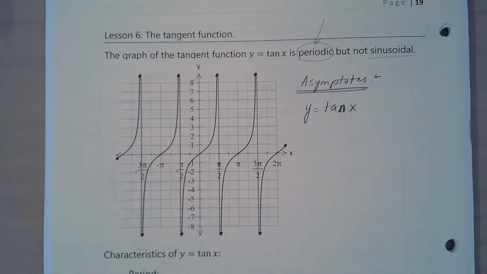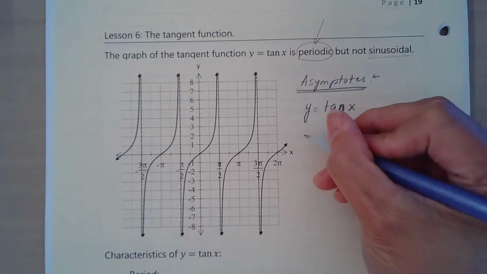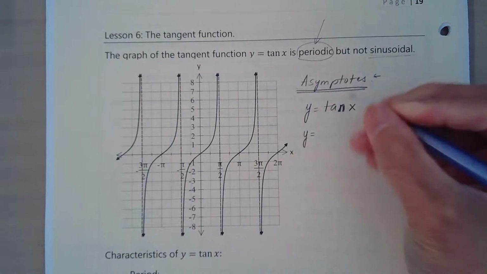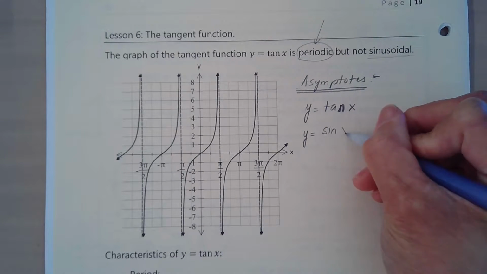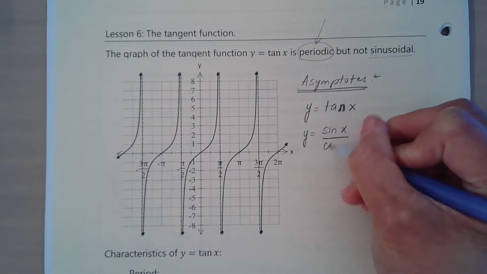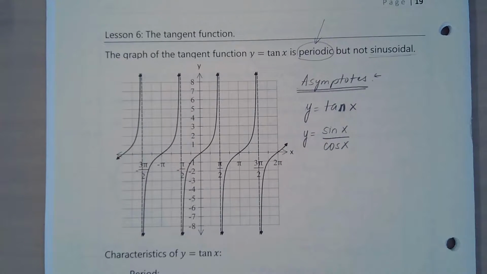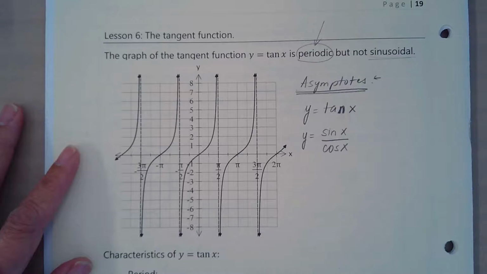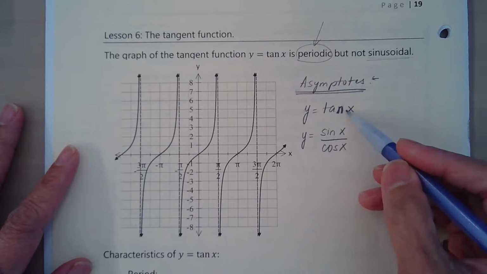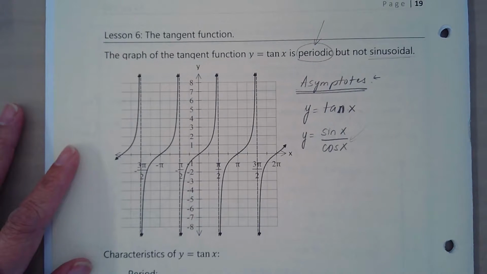Well, tan of x can be expressed as y equals sine of x over cos of x. So far so good, right? So tan is equal to sine of x divided by cos of x.